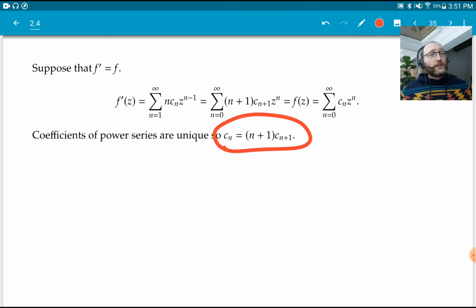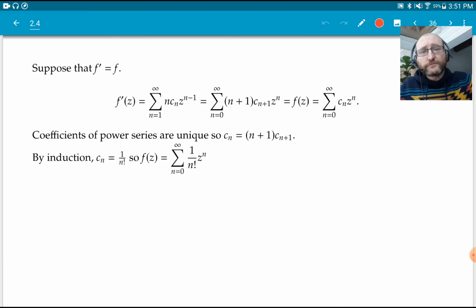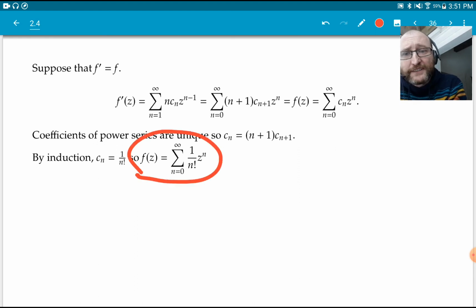Well, that gives us all the C_n, right? Because we know C naught, from C0 we get C1, from C1 we get C2, and so on. By induction, you can easily show it's always multiplied by n, or n plus 1 if you go up, or divided, really. So we have that C_n is 1 over n factorial, as we want, right?